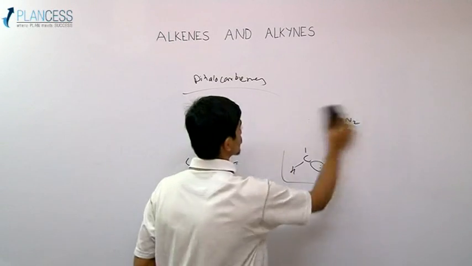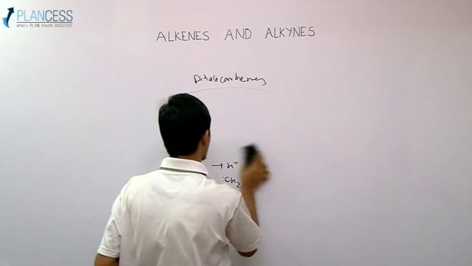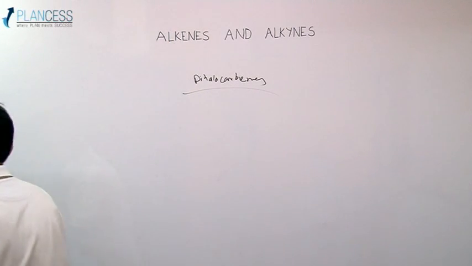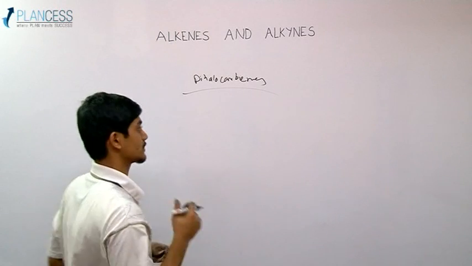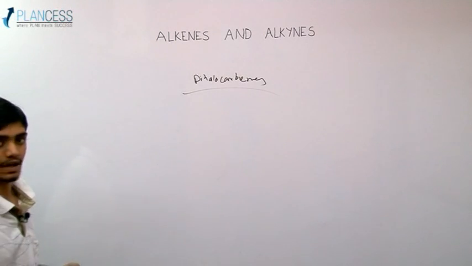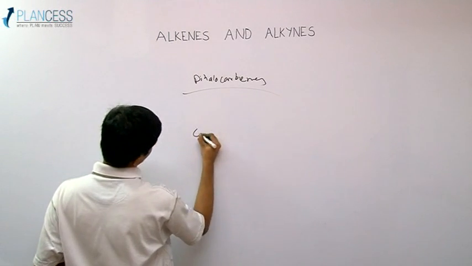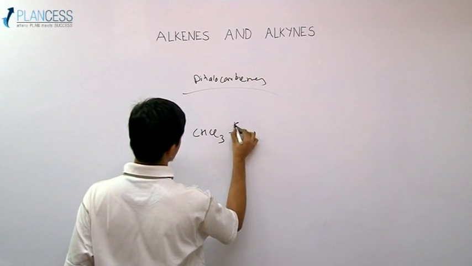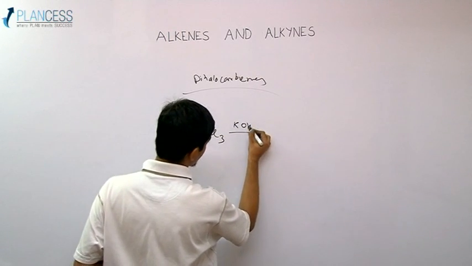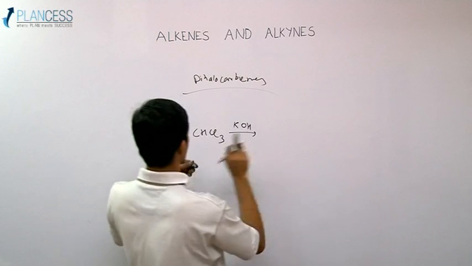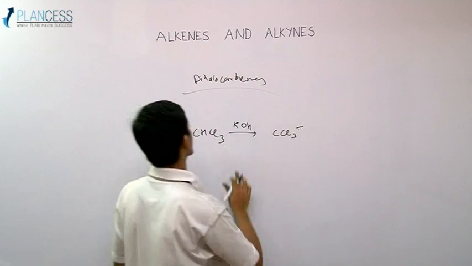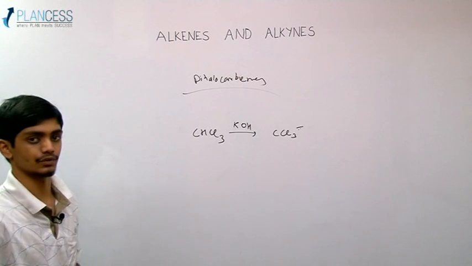Consider the reaction which I am going to write right now. We have seen beta elimination. This is the counterpart of beta elimination, the alpha elimination, which is used to produce dihalocarbenes. So if you take CHCl3 and a strong base like KOH, then what do you get? You get CCl3 minus, because this KOH abstracts this hydrogen.